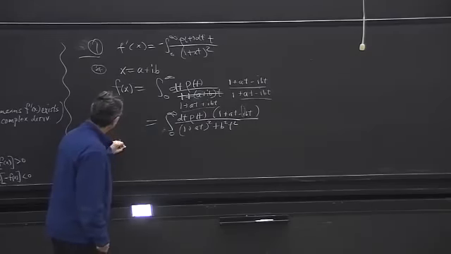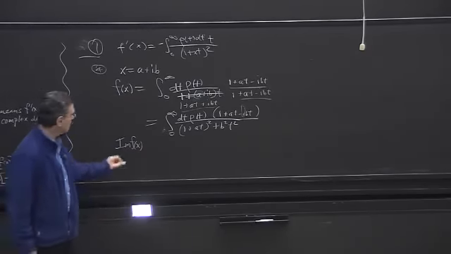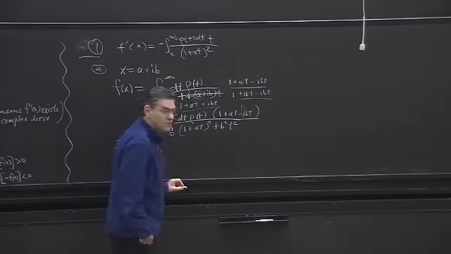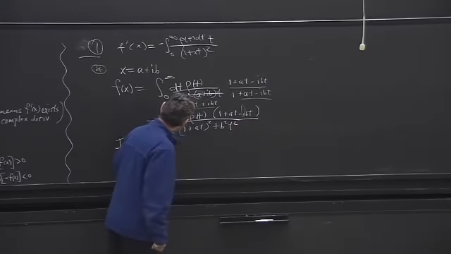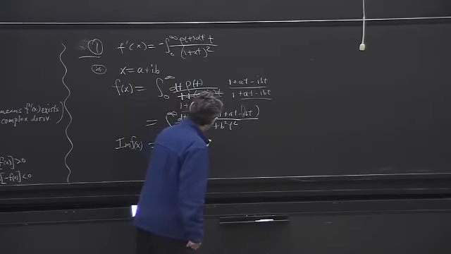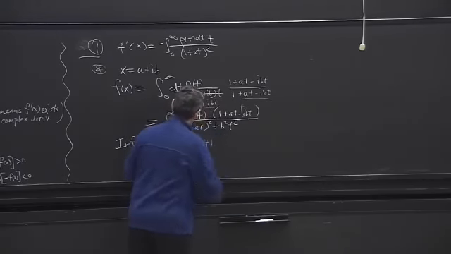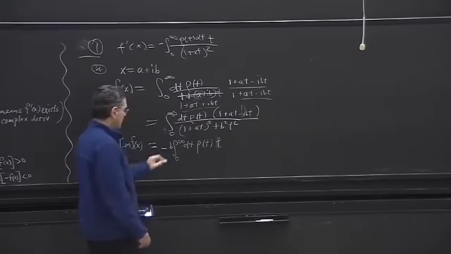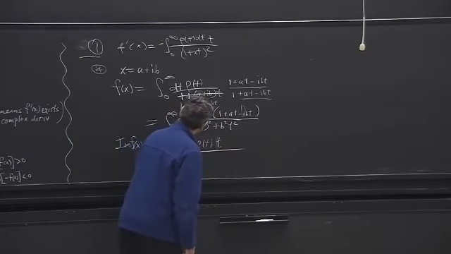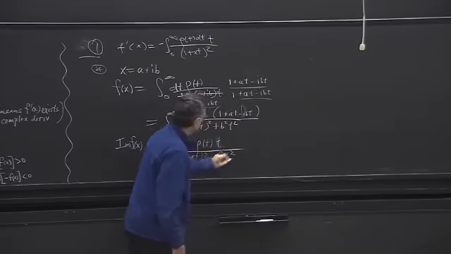So if I take the imaginary part of f of x, what I get is minus, see that minus sign, minus an integral from 0 to infinity dt rho of t, b, let's put the b outside, b t over 1 plus at squared plus b squared t squared.